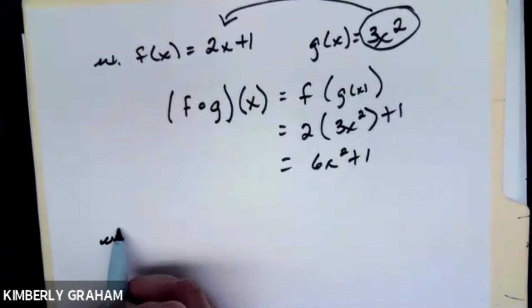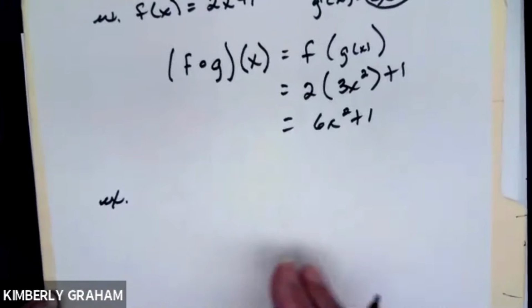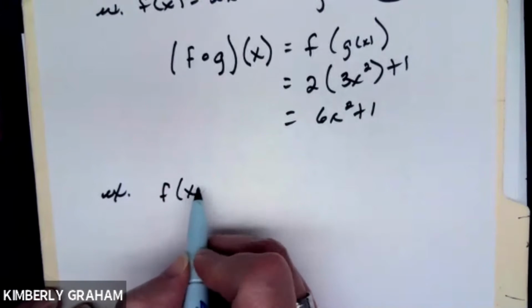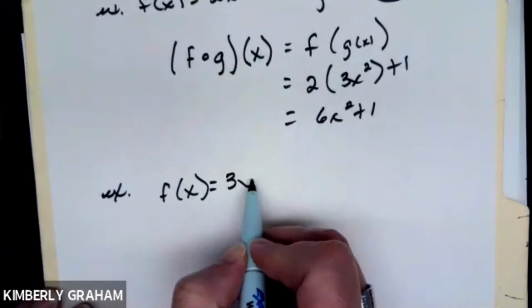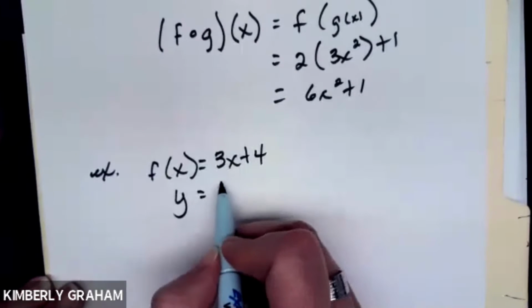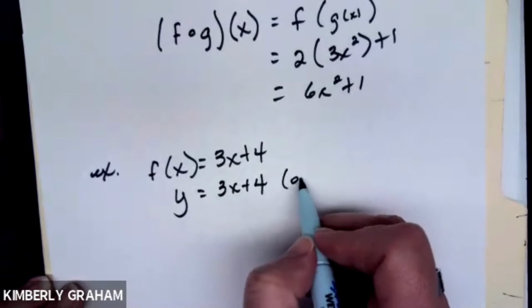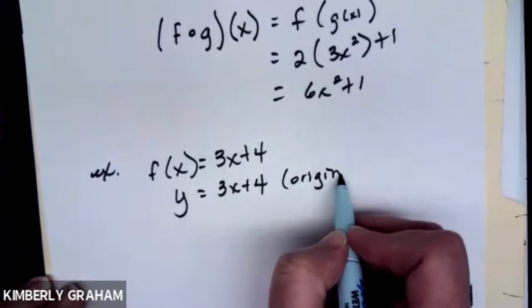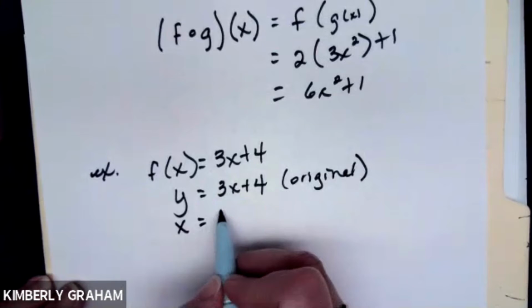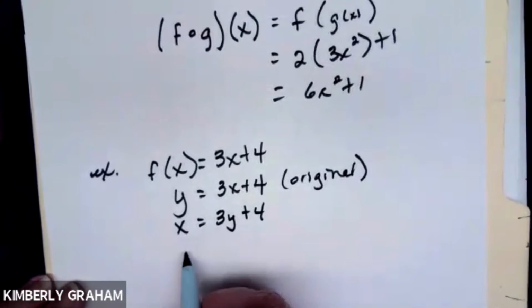Another thing that we sort of touched on in college algebra was looking at inverses. So I could say that this is y equals 3x plus 4. This is my original equation. If I wanted to find the inverse of this function, I switch the x and y and then solve for y.